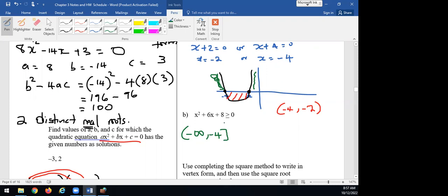Because it says greater than or equal to. And then union to join the other part, negative 2 to infinity. And that's your solution. So if you have the same problem, no need to go and factor it again, because you would have done that already for part A. Unless it's a different equation, of course, then you would.